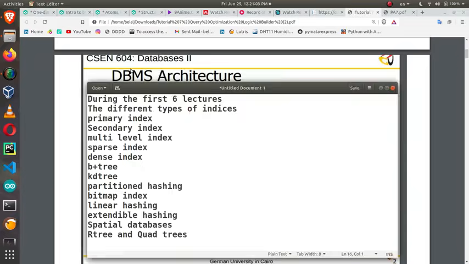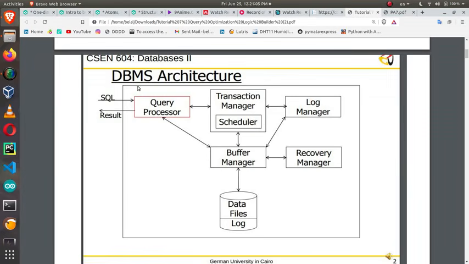So up till this moment, we were outside the database management system architecture. We were creating indices from outside the database management system or the database engine using the SQL command, such as, for instance, create an index on column age from table students, and so on.